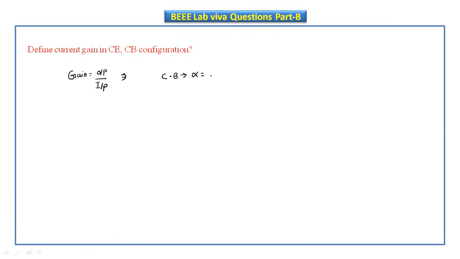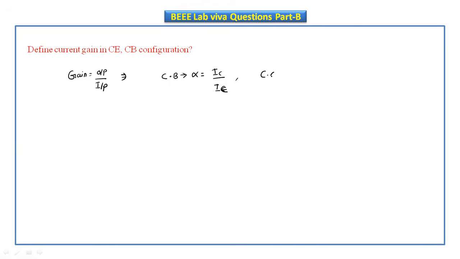Alpha is equal to the output current of the common base, denoted by IC, and input current, denoted by IE. IC by IE is nothing but the current gain of common base configuration, which is denoted by alpha.